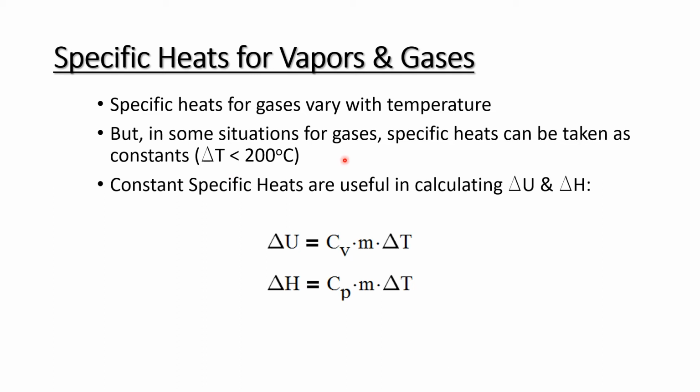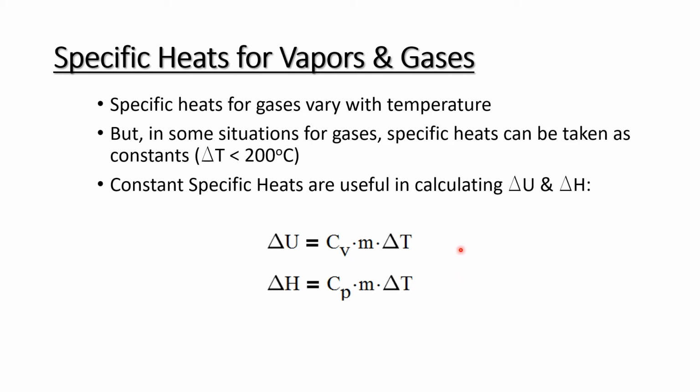Now, when we assume constant specific heats, we find that they are very helpful in calculating the change in internal energy and the change in enthalpy, and we can calculate these without table values.